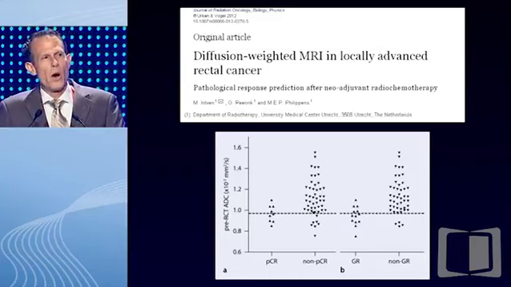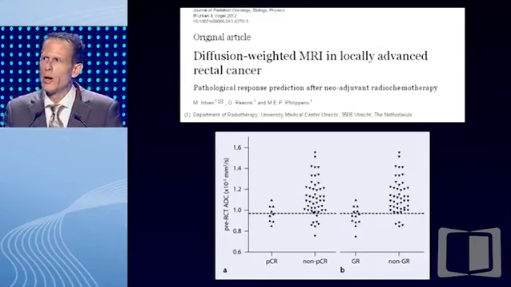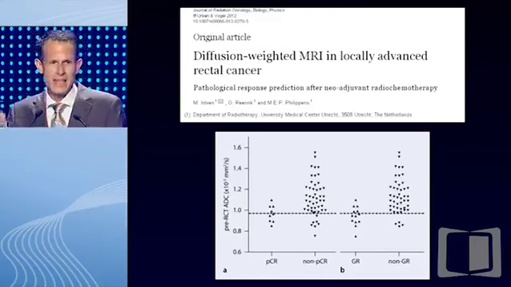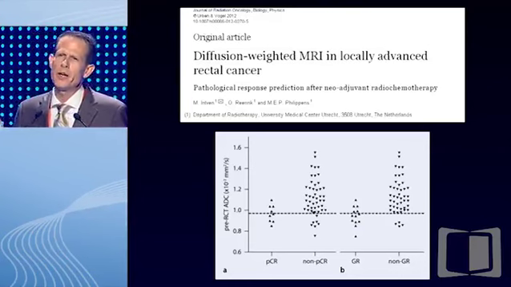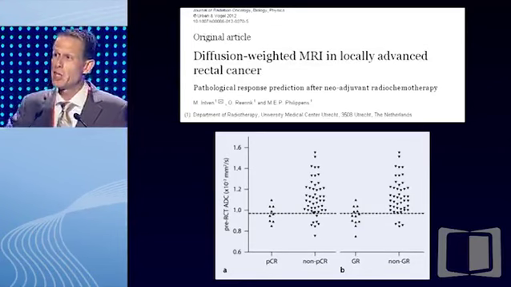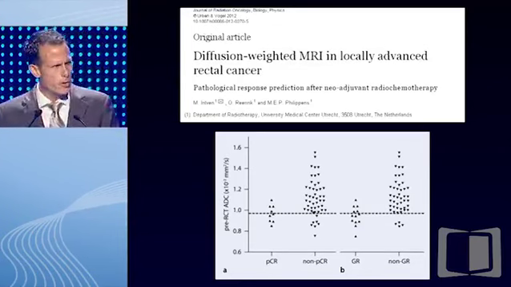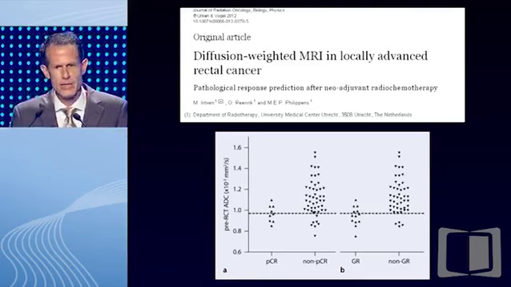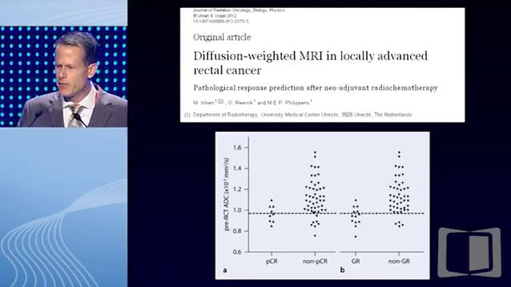There is one argument or one issue. Do we really need time to monitor DWI, or could it also be done that we start right from the beginning, before we initiate the therapy, to have a look at the diffusion-weighted imaging? And I just briefly want to explain this chart.